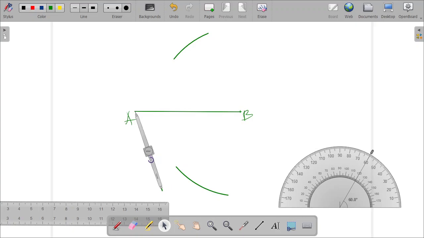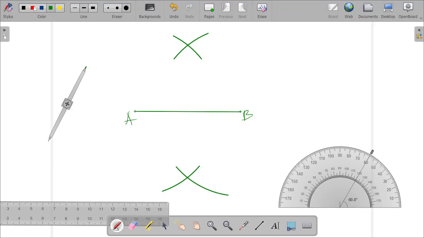Then you draw another arc that cuts the first arc below, right? Same thing. Draw another arc that cuts the arc above. That's all.